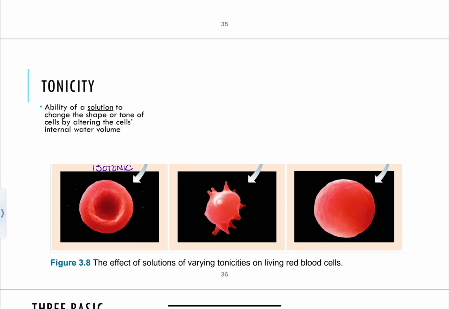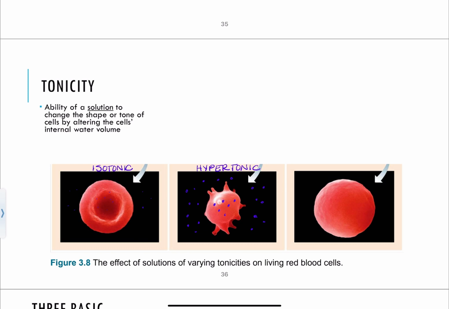However, if we take a red blood cell and we stick it into a hypertonic solution, hyper is going to have more. So for example, say we have like 1,000 solute particles out here, and a low solute concentration on the inside relative to the outside.